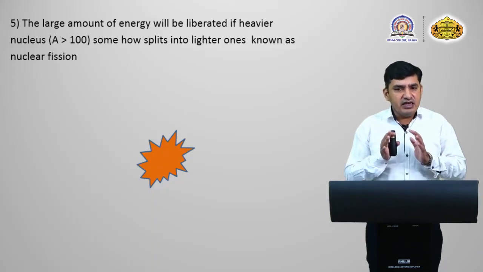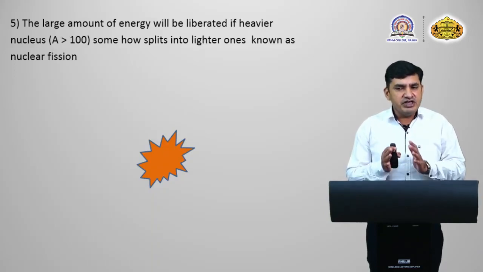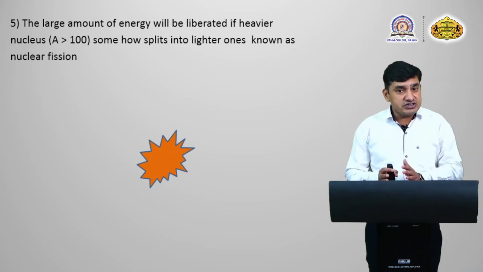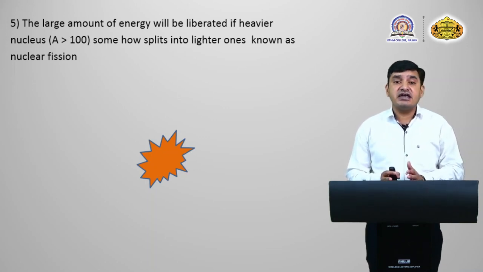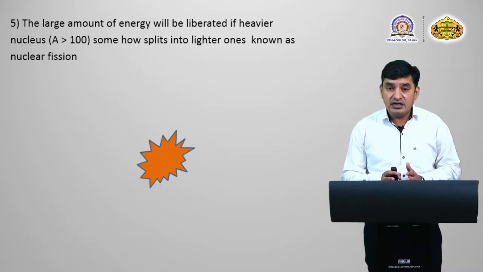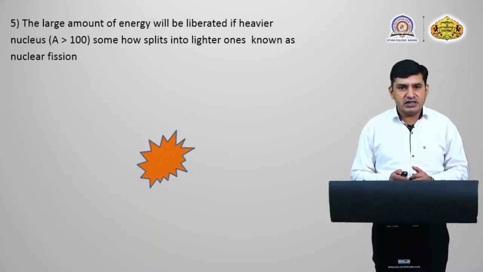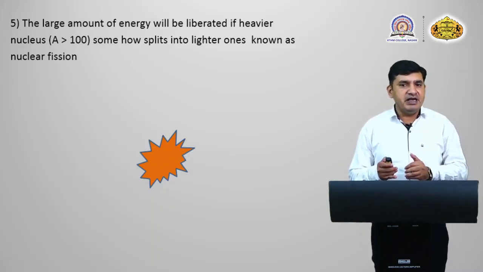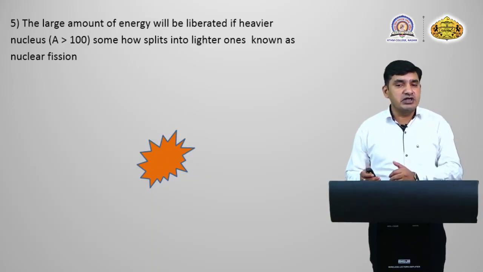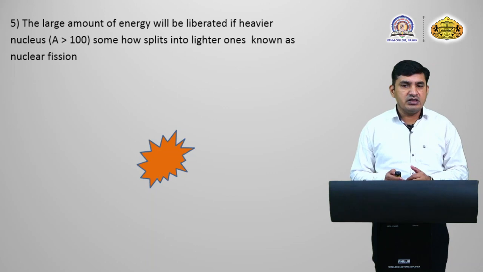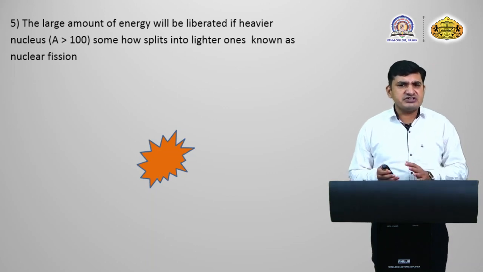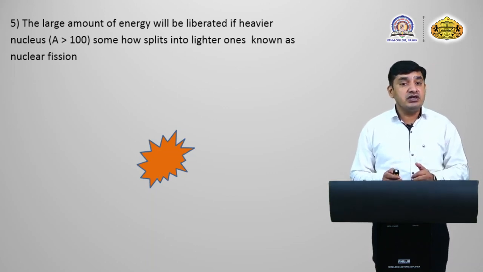So, when heavier nuclei, whose mass number is greater than 100, are split into lighter nuclei, this process is known as the nuclear fission process.